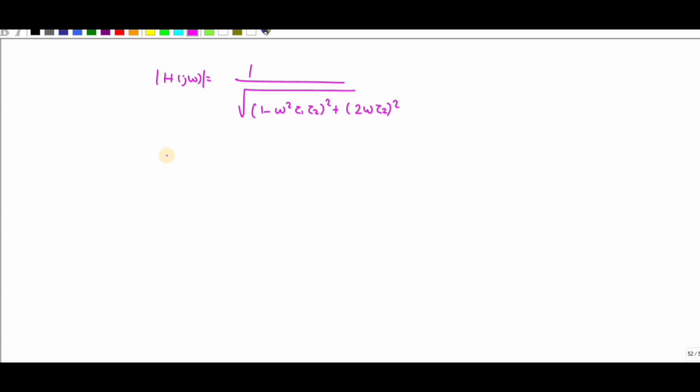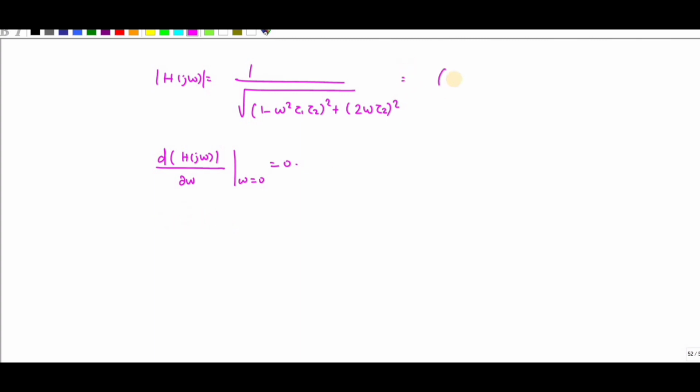If I differentiate this H of j omega with respect to omega and equate it to 0, you will get values like this.